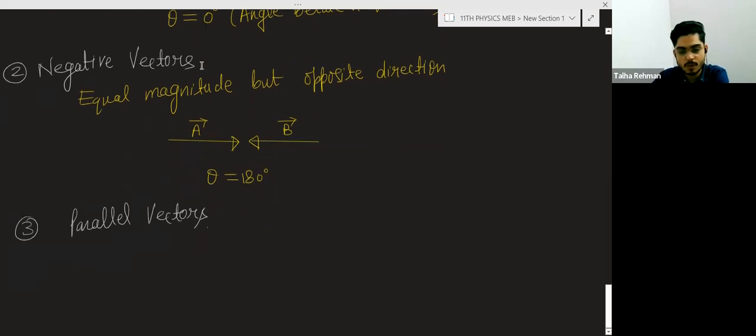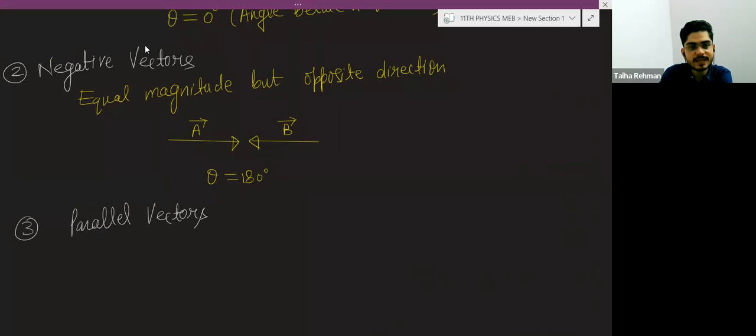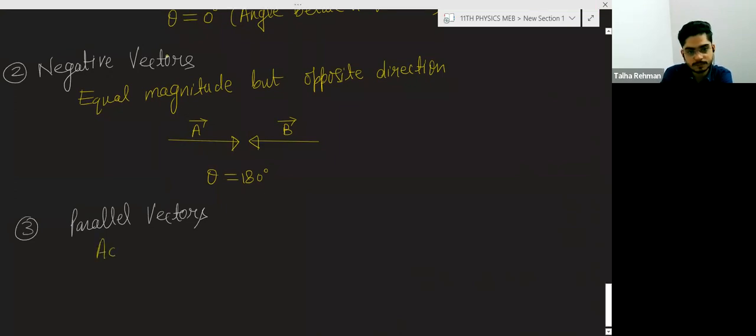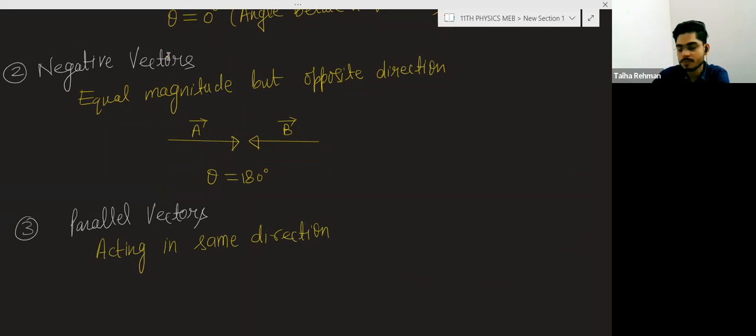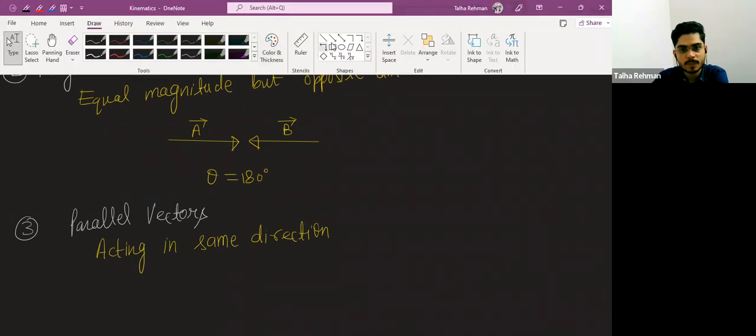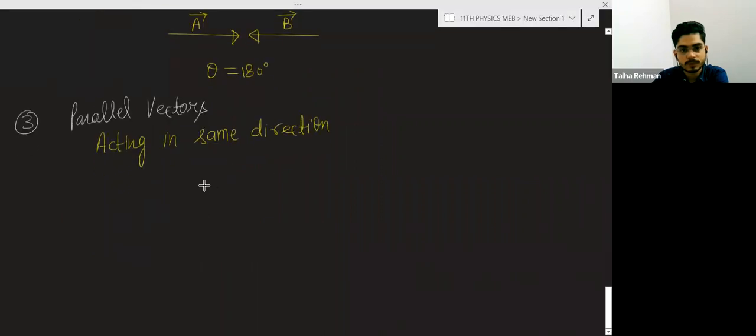Parallel vectors. So parallel vectors are the vectors acting in the same direction. So what is the meaning of this? Suppose there is one vector and there is another vector, here is another vector, like this. So these are the parallel vectors.